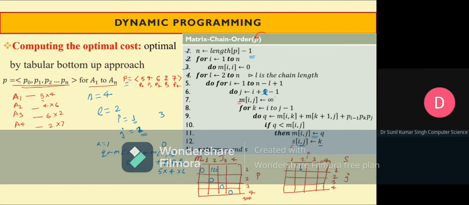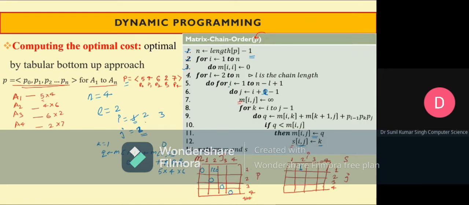Similarly, after finishing this loop, we have to increase the value of I, because initially I was 1, now it will become 2.